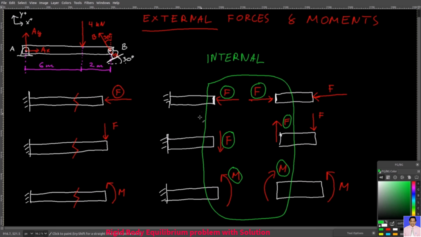It has to be like that. If the left piece applies a force to the right piece, then the right piece applies a force to the left piece with an equal magnitude but opposite in direction. And the same is true for the moments. And so you can see that the internal forces and couple moments, they simply cancel each other out. That's why there is no point to include them in the free body diagram.